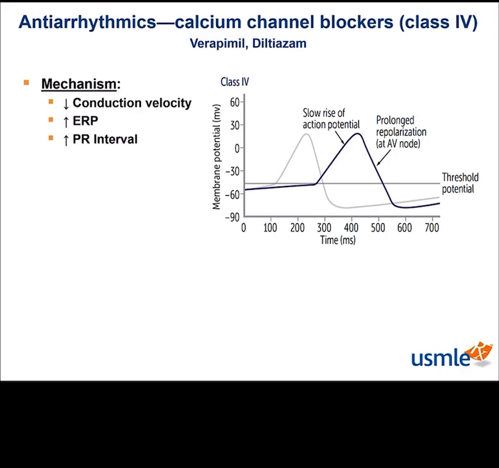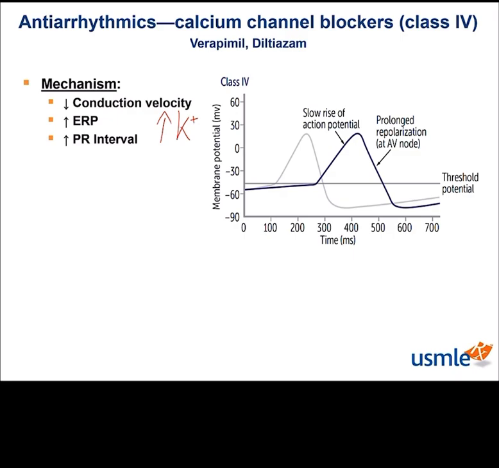Why do we prolong the repolarization in the AV node? Well, the potassium channels that open to allow the efflux of potassium for repolarization open when they have been activated by the calcium influx. If we are blocking the calcium channels responsible for changing the voltage to open the potassium channels, it's going to take longer for all those potassium channels to be activated.